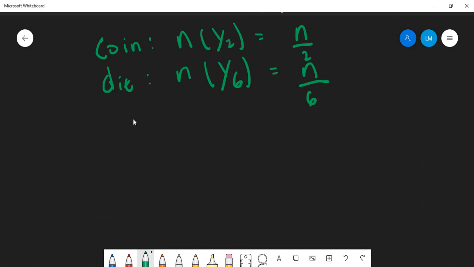And the same thing would be for a true or false question. It's essentially the same thing, just n over 2. But it's best to look at a particular example where you're given the number n and the probability p.